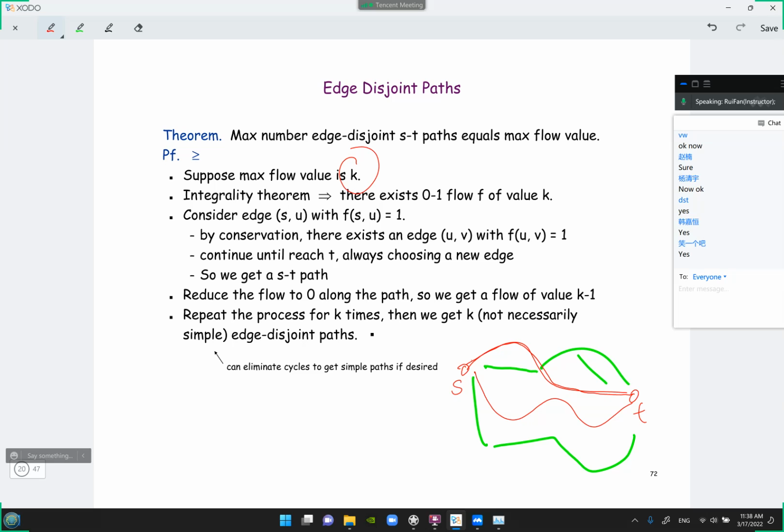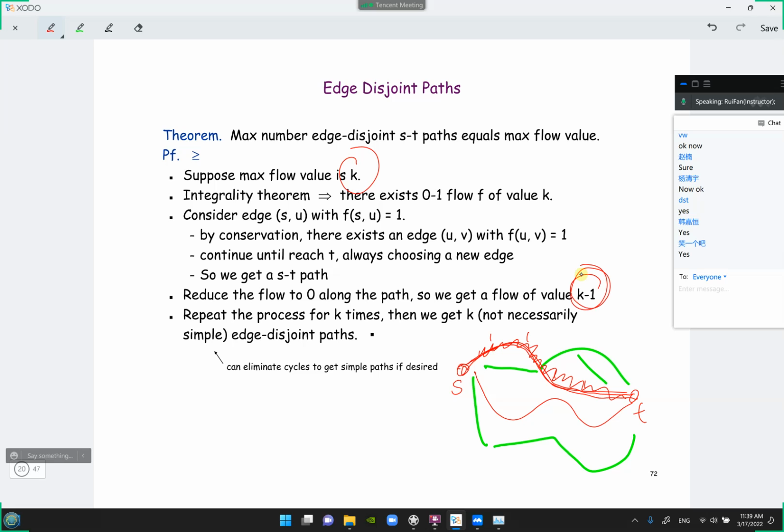Because the capacities in the graph are all 1, after you find this path, you're going to remove all of these edges. So this is a path from S to T, and we basically used this path. Now your flow is going to have a value of k minus 1.